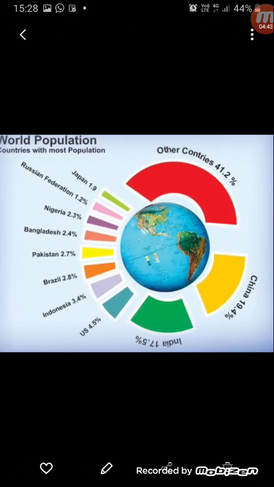Now next in this slide we can see the world population, the countries with the most population once again.